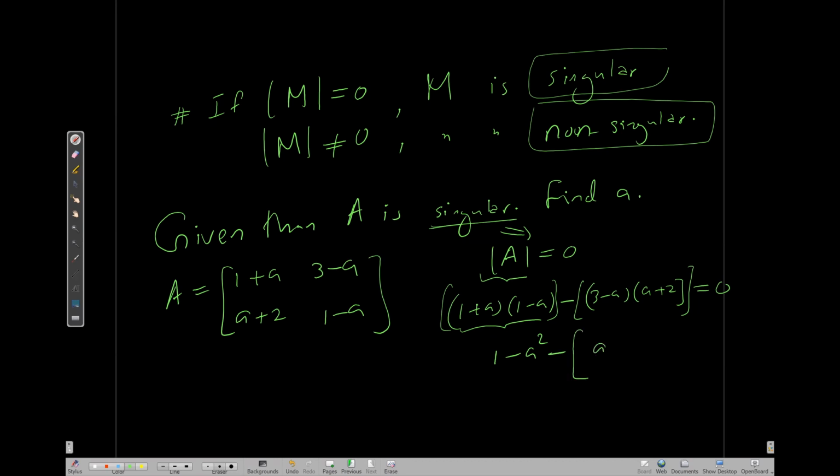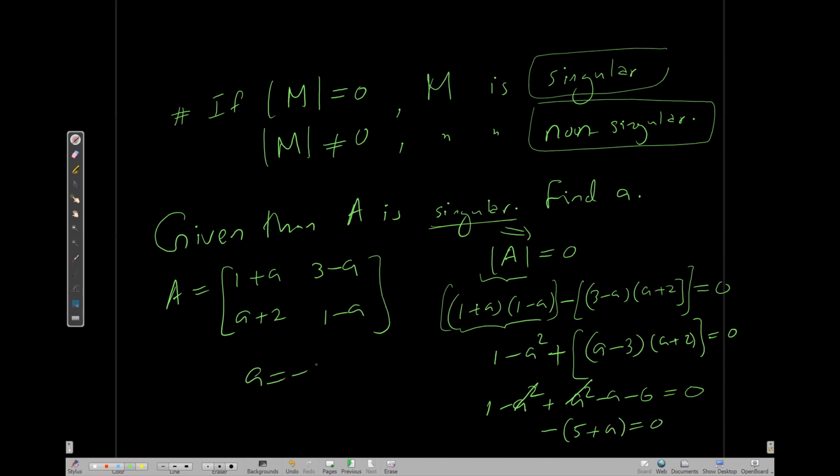And if I take a minus sign out, this becomes a minus 3 and this becomes plus a plus 2, is 0. So 1 minus a squared plus, I have a squared minus 3a plus 2a, so minus a minus 6. And this will cancel, so the ultimate result is minus 5 minus a. So a is going to be negative 5, right?